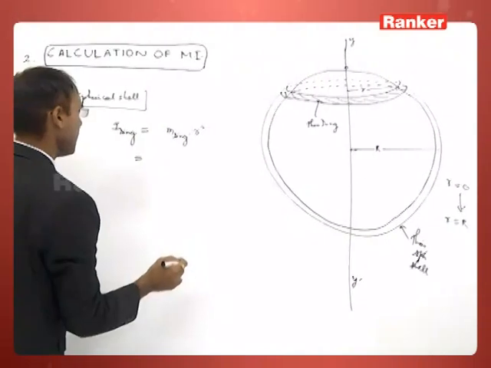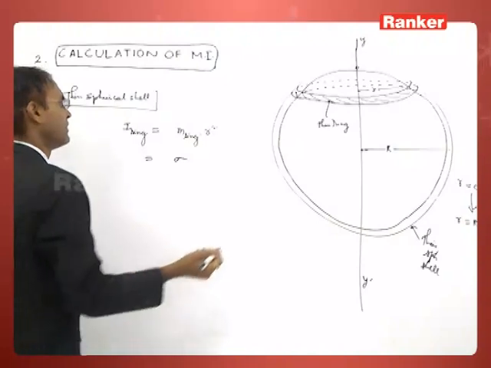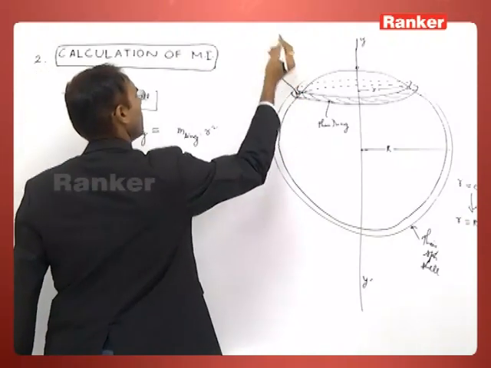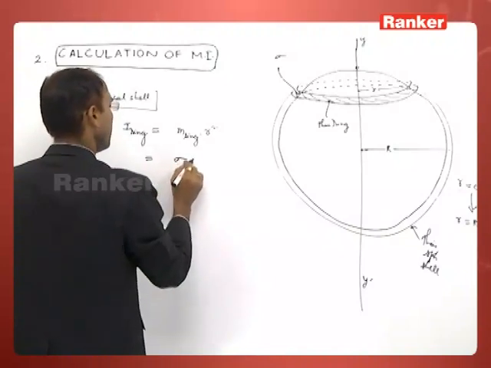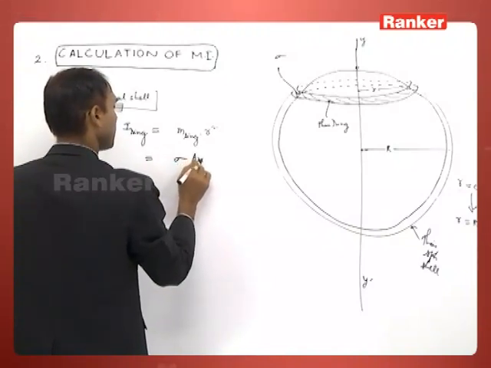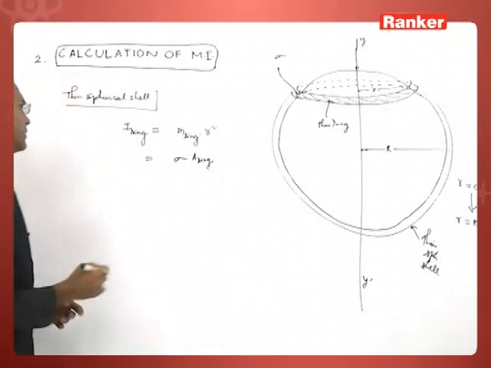Mass of the ring can be written as surface mass density at any point into the area of the ring into r square.